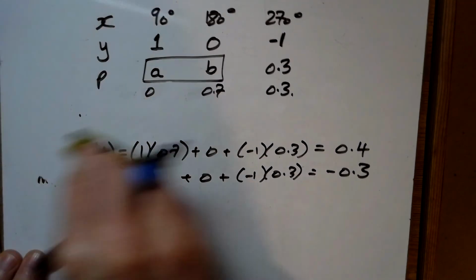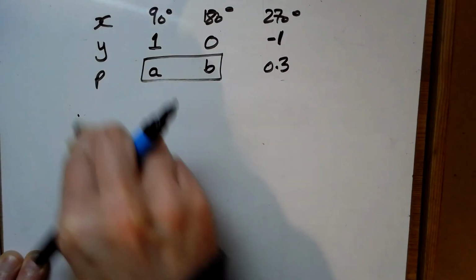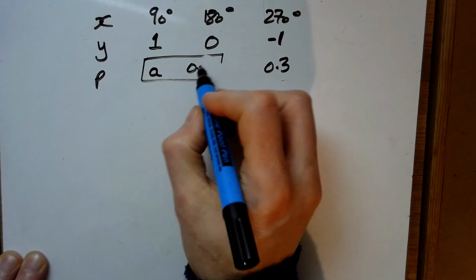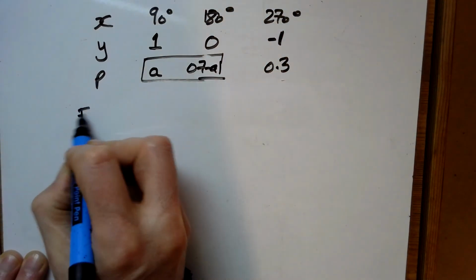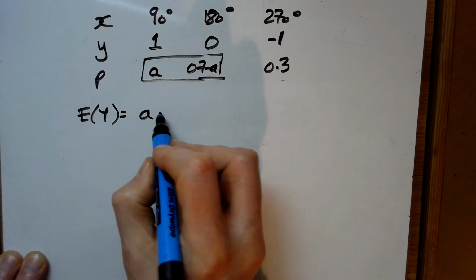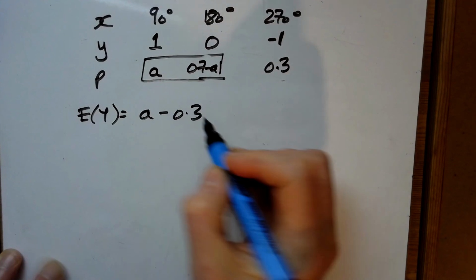Another way of doing it, I suppose. Rather than saying a and b, leave the a there and just change this b to 0.7 minus a. And then the expected value of y will be 1 times a, which is a, and that's 0, and then this is just minus 0.3.